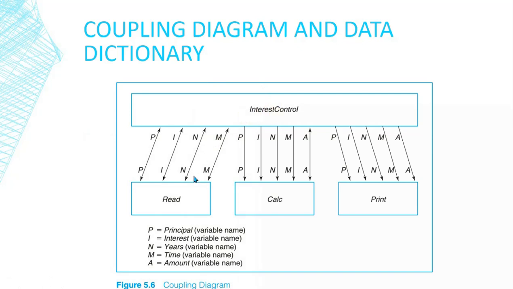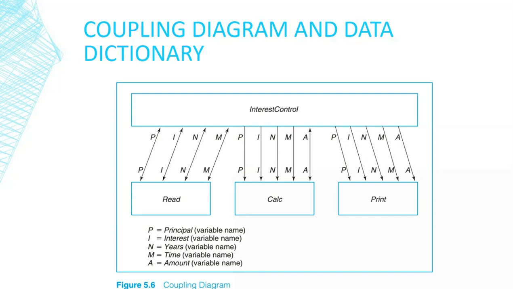Then after we read all this data, we send it to calculate the final amount. So we send the principal, which is 2000 for example, by value. Why do we send it by value? Because it's a one-sided arrow.